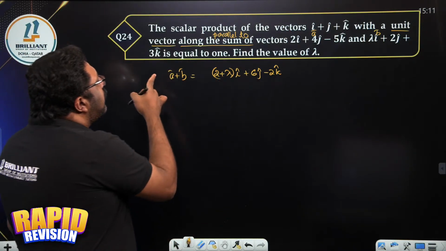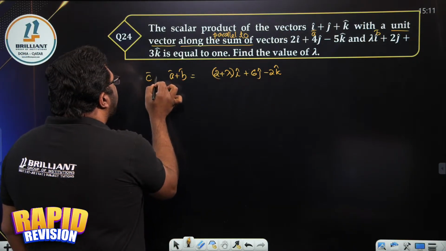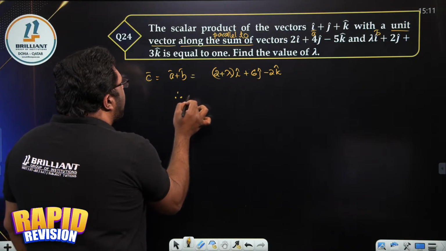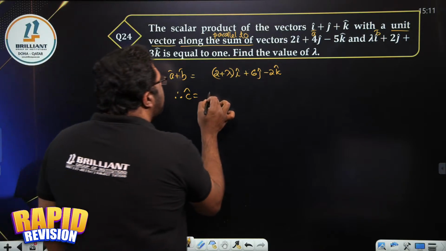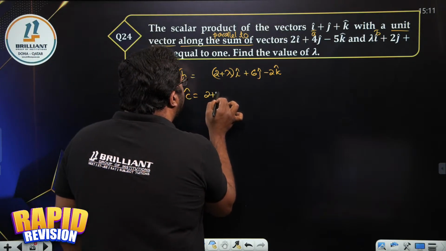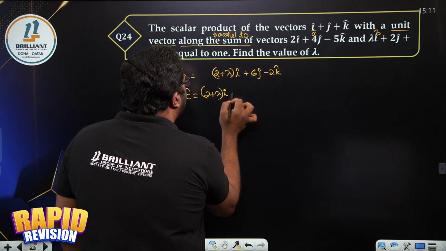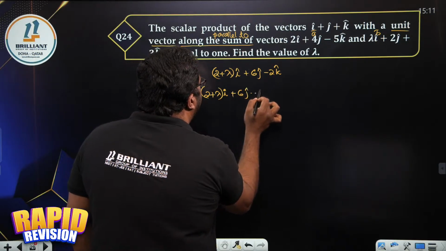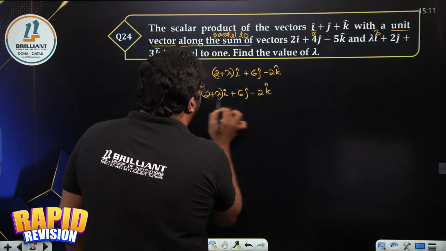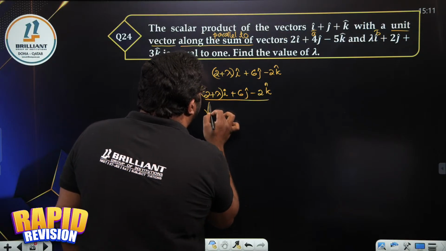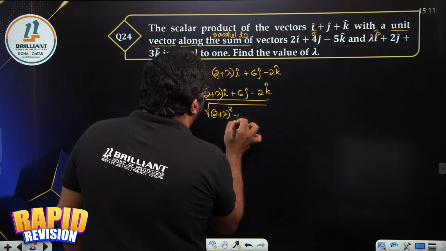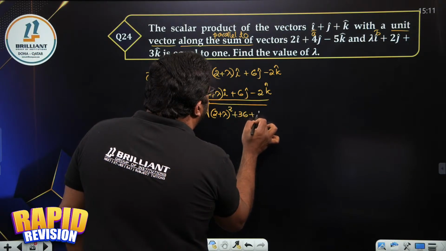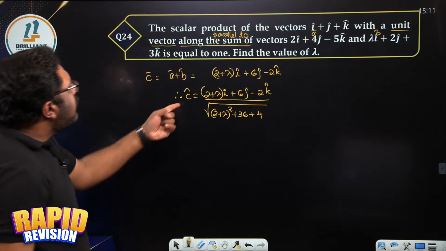I have to find a vector along the sum of. So therefore C cap. Vector along the sum of means C cap. That is (2 plus lambda)i plus 6j minus 2k divided by its magnitude, root of (2 plus lambda) squared plus 36 plus 4. Okay, this is unit vector.